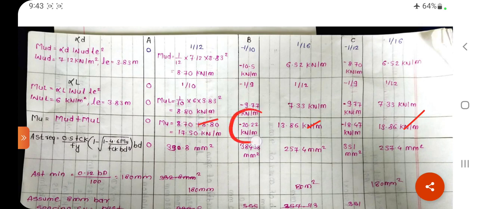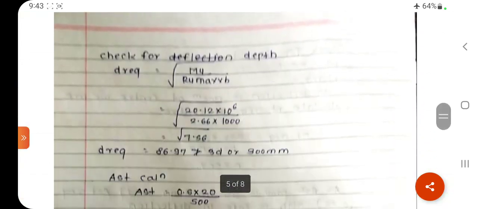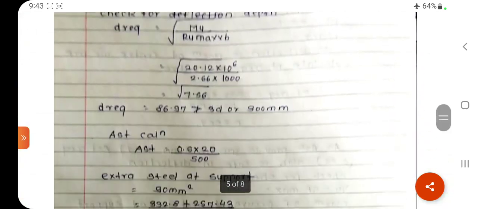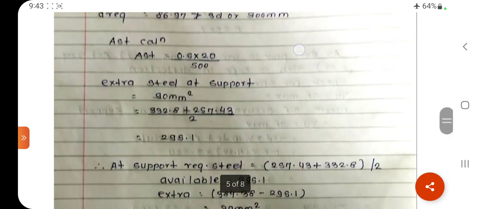Okay, here the maximum moment is 20.22. That's why here we take it as 20.22. So d required is 86.77, and it is much smaller than our d provided, which is equal to 120 mm.